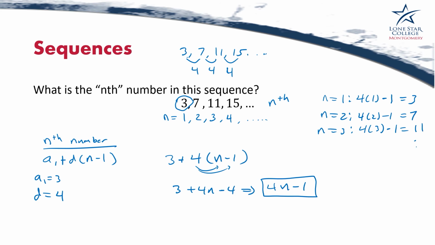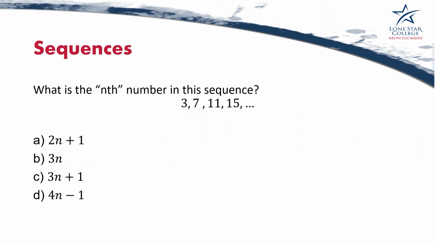And it goes on like that. So the nth number in our sequence should be 4n minus 1. And this would be the formula we use to solve for it. So you just got to remember that formula. Okay, so the answer is D, 4n minus 1.